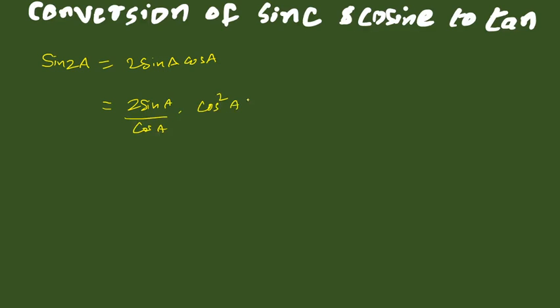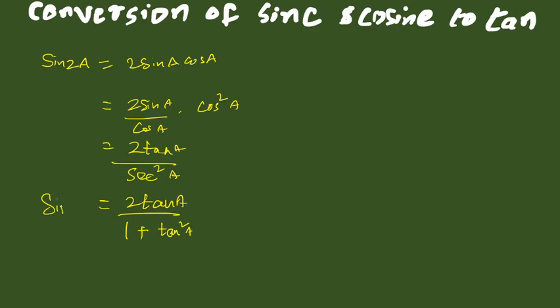So you will get 2 sine by cos into cos square A. So it will be 2 tan A, and the cos square coming down will be secant square A, and we have the identity secant square A is 1 plus tan square A. So this is another formula for sine 2A.